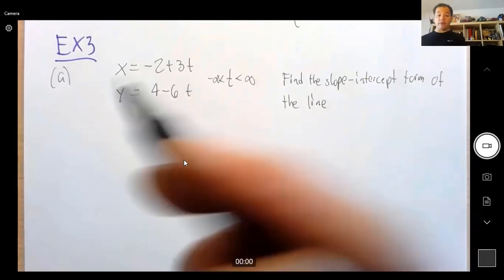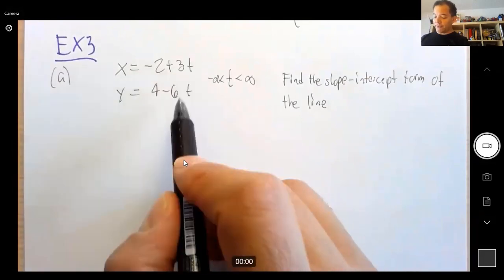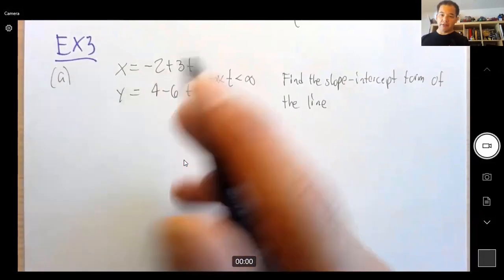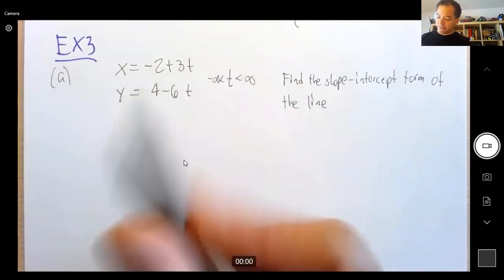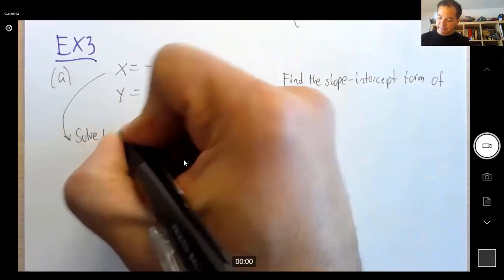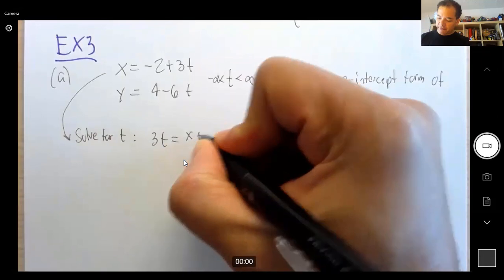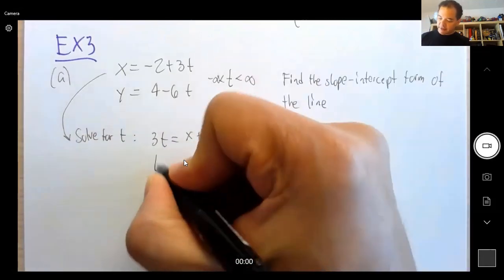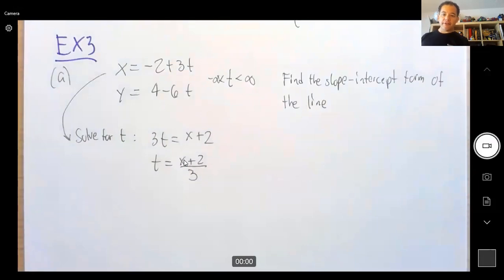How do we do it? Like I said, this is the pretty straightforward way of doing things. So all you need to do is solve for one of these and plug into the other one. It doesn't matter which one you pick. So I'm going to pick the top one. So solve for t. So 3t equals x plus 2, which means t equals x plus 2 divided by 3. Correct?